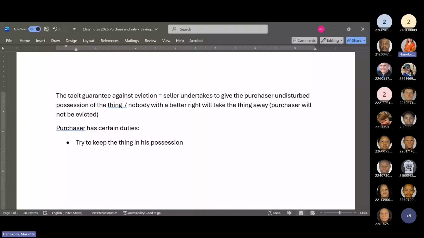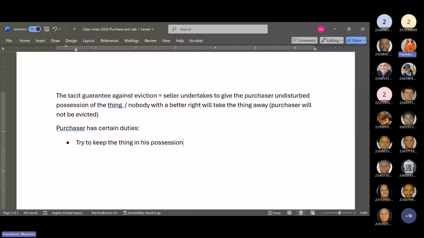You have to, by all means possible, try to keep this thing and only hand it over if there is indisputable proof that it does in fact belong to the third party. So if the police come or if there's a court order and say, hand over the thing, we're not expecting of you to defy the law, get yourself arrested because you're frantically holding on to this thing. But you need indisputable proof before you hand it over.